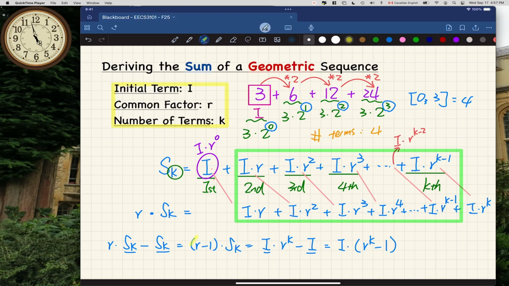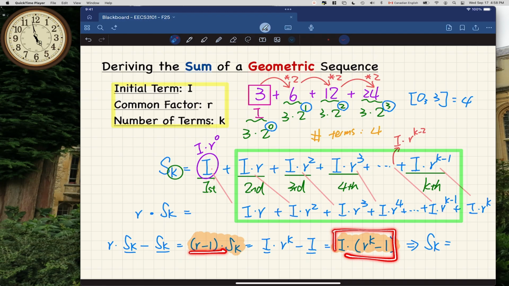We say that this one here is this one here. And then that would mean sk will be exactly equal to this one here divided by this multiplicative constant, right? I times (r to the k minus 1) divided by (r minus 1).